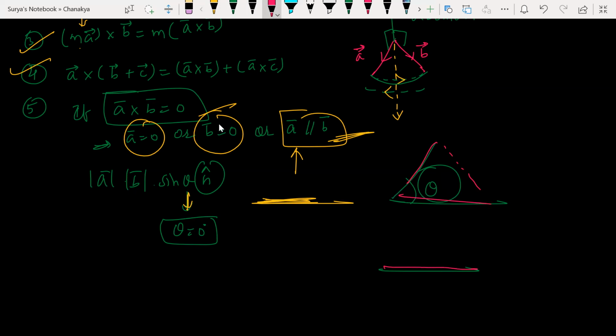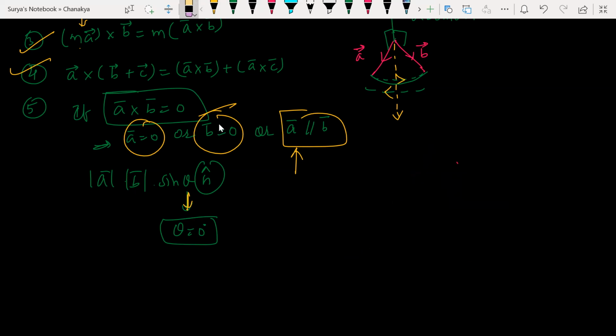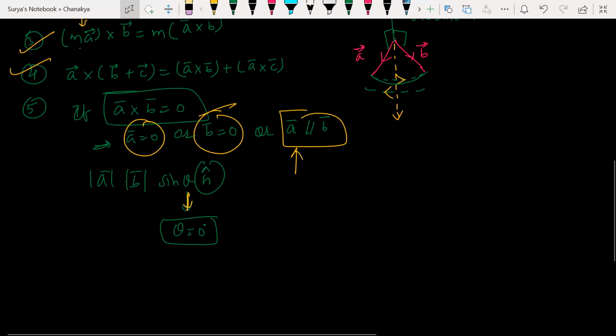If two lines are like this, they're parallel to each other, isn't it? So that is the concept behind that here. Clear? Any doubts? No, sir. They are overlapping.